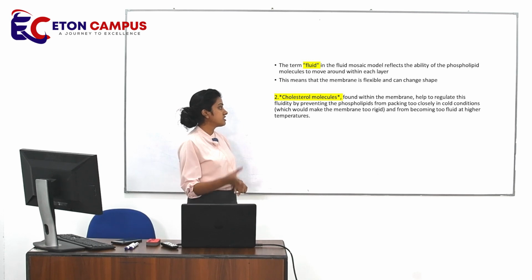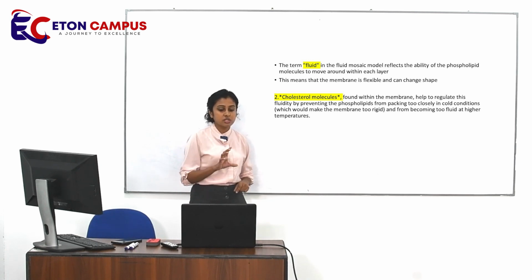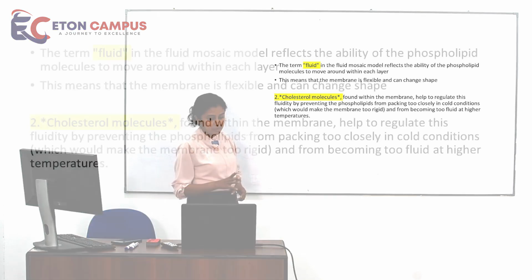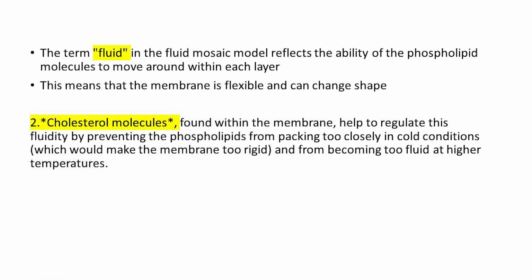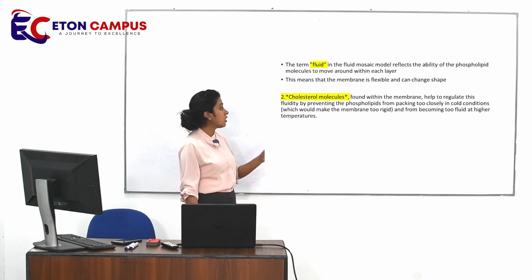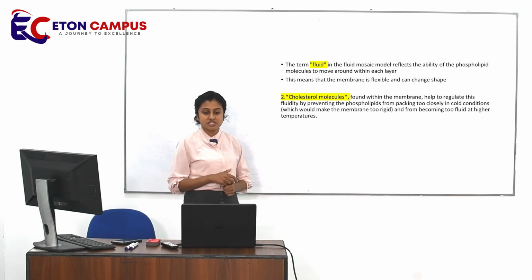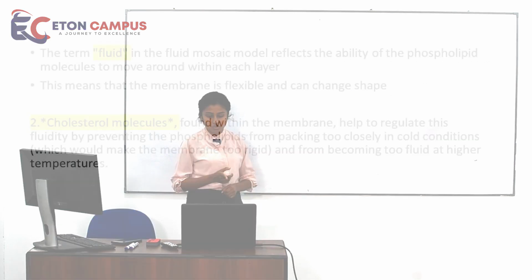So how does the term fluid come to the cell membrane? Fluid means these phospholipid molecules are going to move around within each of these layers, and that gives fluidity to the cell membrane, and also the cholesterol molecules. I have told you that there are different components in the cell membrane, so one component is the cholesterol molecule.